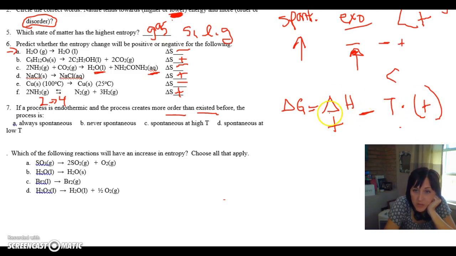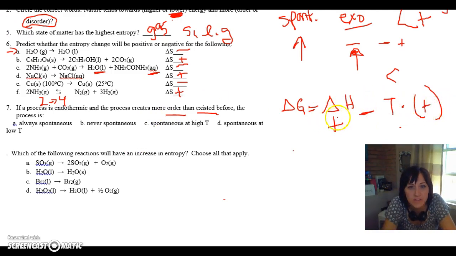So times a positive. So positive minus a positive. So we want Gibbs free energy to be negative, right? All right, sorry, I found my mistake.